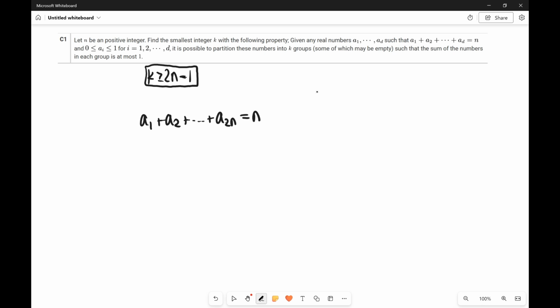Then we always have that a1 plus a2 is greater than or equal to 1. And similarly, a1 plus a3 is greater than or equal to 1, and so on and so forth, for every single pair of the ai's. So ai plus aj is greater than or equal to 1.